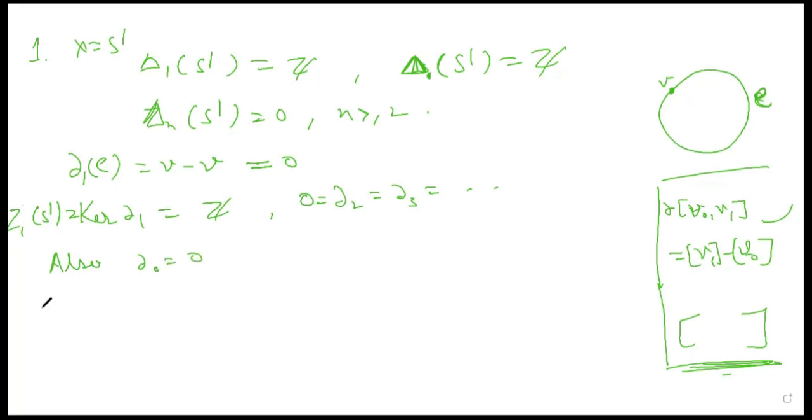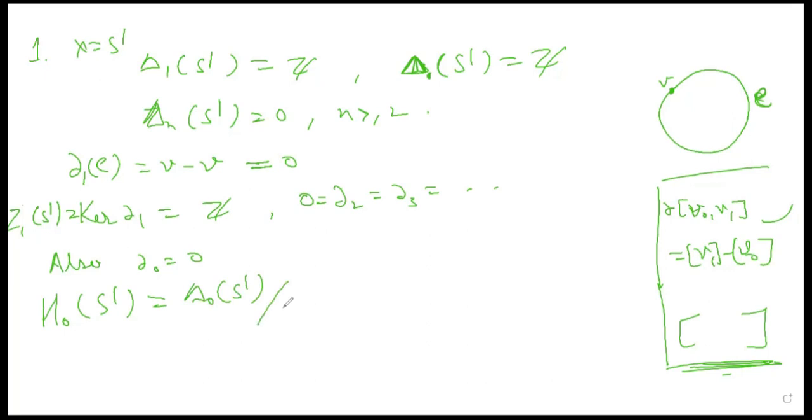So the 0th homology group is basically the kernel of delta 0 quotiented by the image of delta 1.